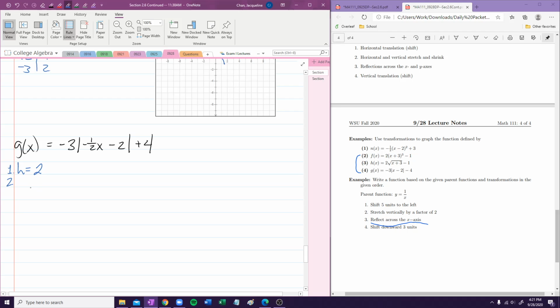Remember, horizontal is what affects my x's. So in this case, I'll call this A1. This is 1 half. Remember, it has to be positive, so ignore this negative. This is going to be my horizontal, and because it's 1 half, this is going to be the stretch.